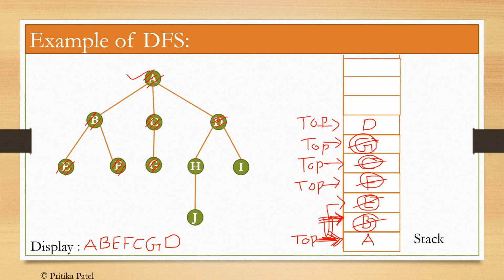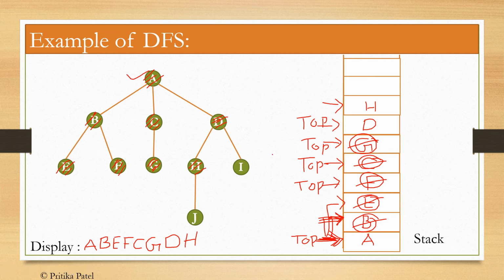So now visit this adjacent unvisited vertex H and mark it as visited. Then push H into the stack. So here H is pushed into the stack and H is displayed, right? So now H becomes the top of the stack. Now again check whether the top of the stack has an adjacent unvisited vertex.